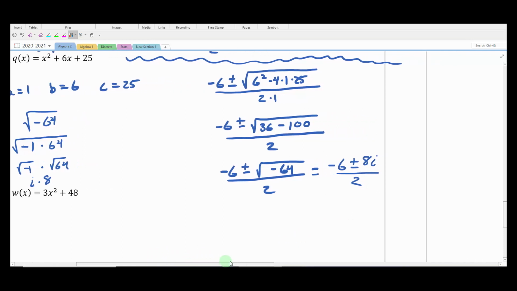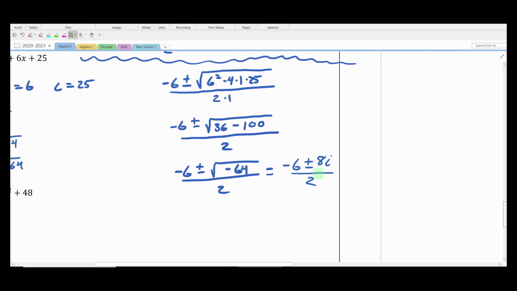All right, and we need to make sure that we're looking for opportunities to reduce this fraction when possible. So when I look at the two numbers in the top, like I have a 6 here and an 8i here, the 6 and the 8 are both divisible by this number in the bottom. If that's the case, go ahead and divide those two numbers by 2. Right, so negative 6 divided by 2 is simply negative 3.